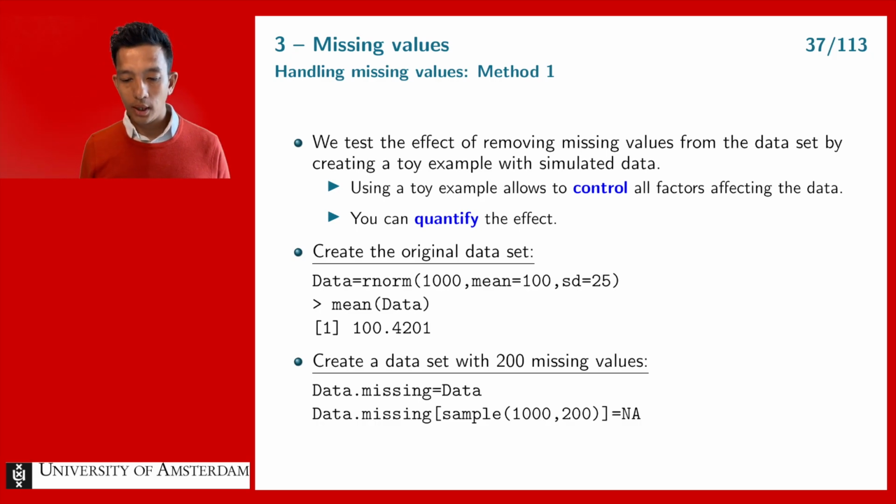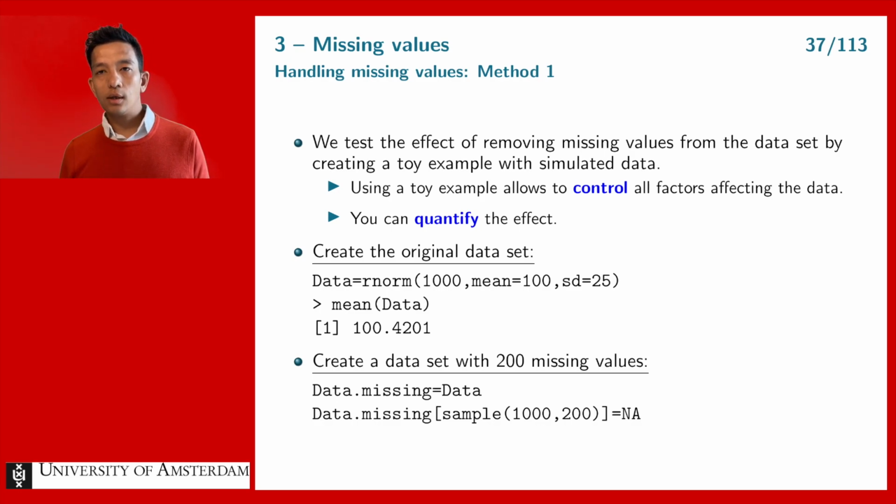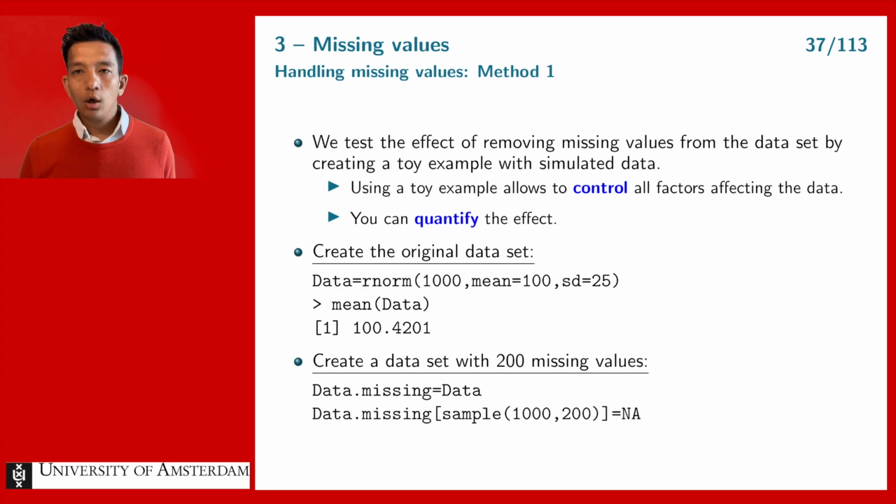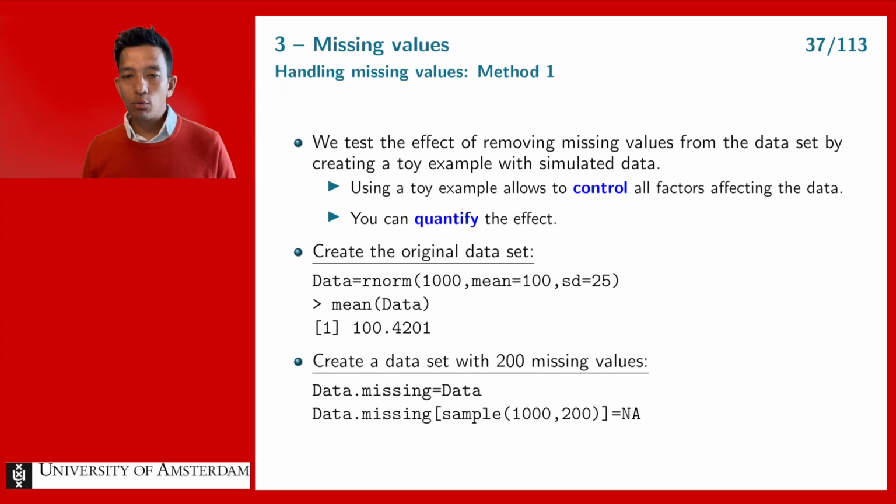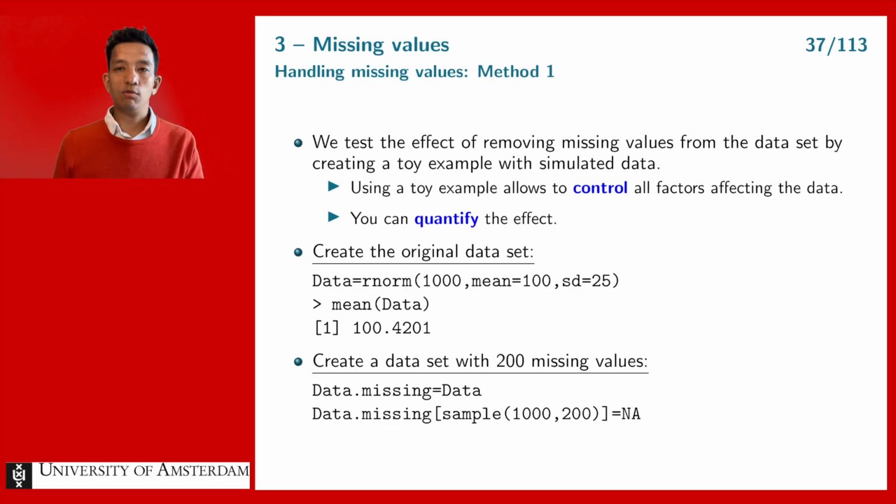So what we are going to do is the following. First of all, we want to understand what is the effect of a certain method for handling missing values on my results. Of course, there is one problem: if you take a data set with missing values, then you don't know what is the effect of your method, because you apply your method to get rid of the missing values.